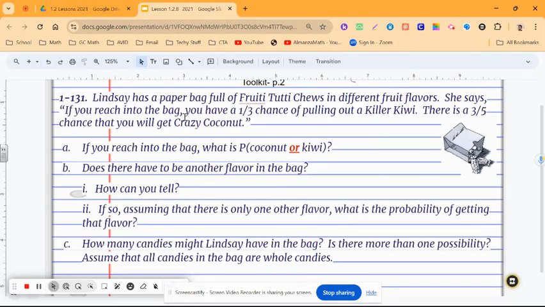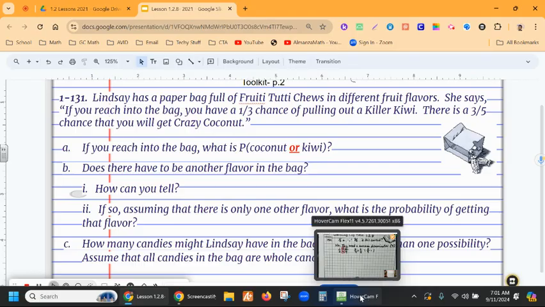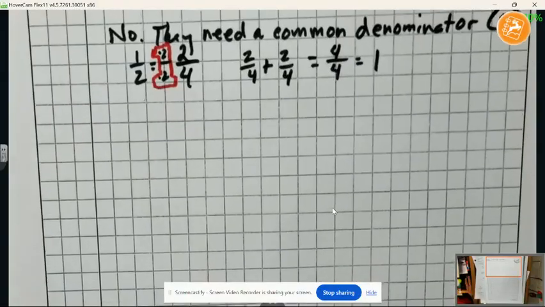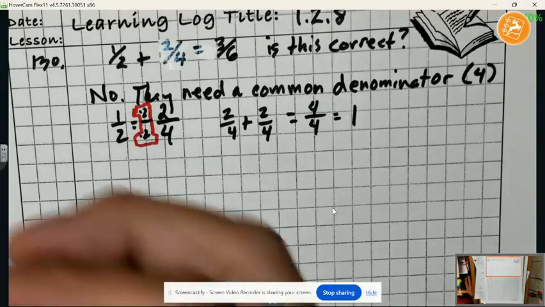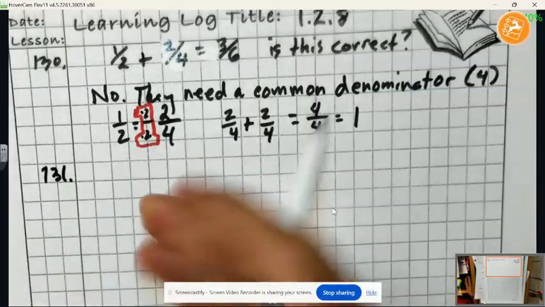Lindsay has a paper bag full of Fruity Tooty Chews in different fruit flavors. She says if you reach into the bag, you have 1/3 chance of pulling out Killer Kiwi, and there's a 3/5 chance that you get Crazy Coconut. So we want to find out first is, what is the probability of getting coconut or kiwi? All right, so let's look at these and work them out. So this is number 131 in the book.